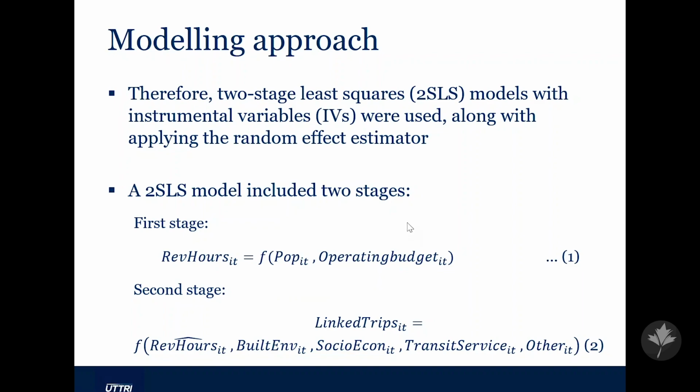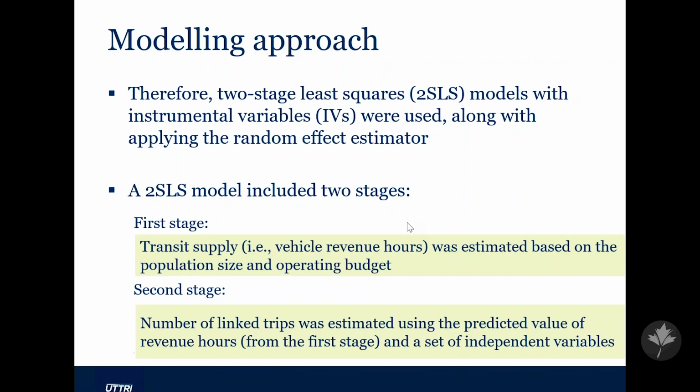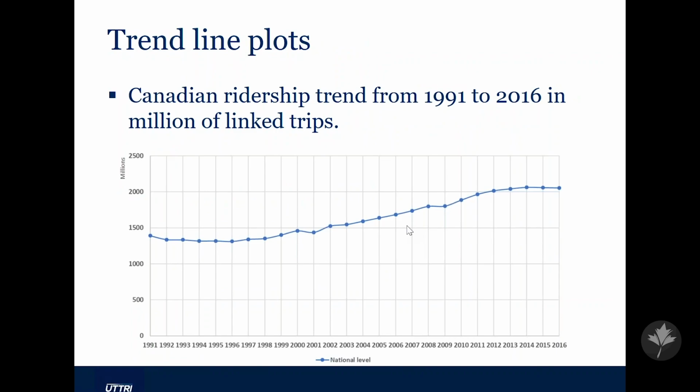So before I share with you the detailed results of the models, I'm just going to show you very quickly some trend line analysis. Just a few examples, but there are more of those in the report.